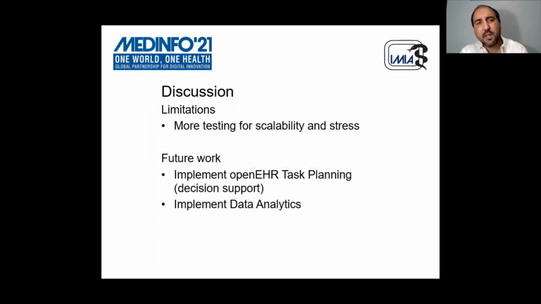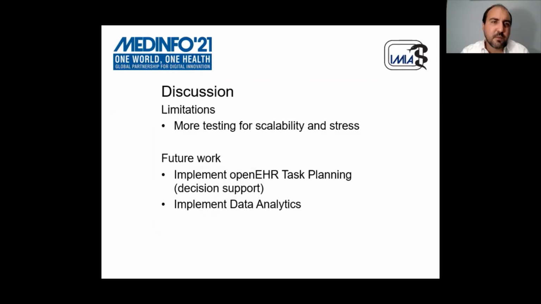The limitations we had, mainly because of time, were more testing for scalability and stress tests. And for the future work, we are looking into implementing the openEHR task planning, which is a specification which allows process support and also decision support.